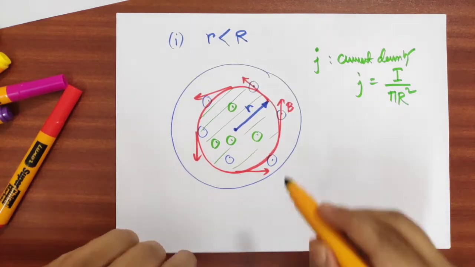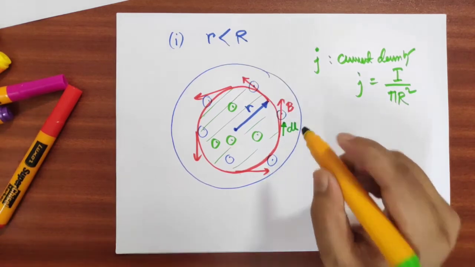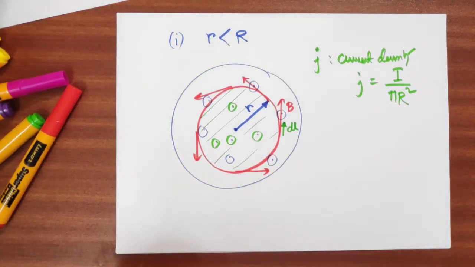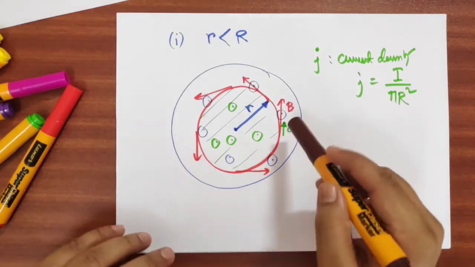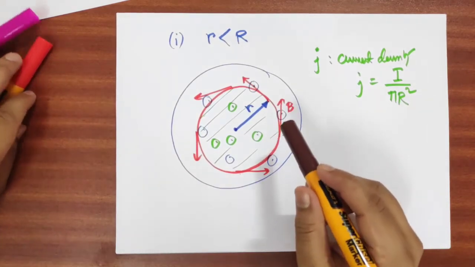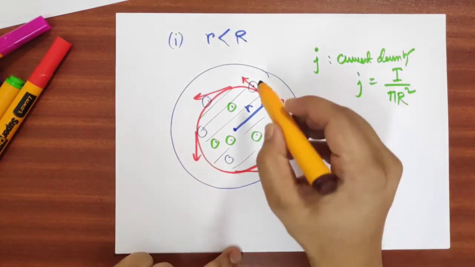Now for this Amperian loop, this is the little dl, and B dot dl is simply B multiplied by dl, because you have 0 degree angle between these all throughout.